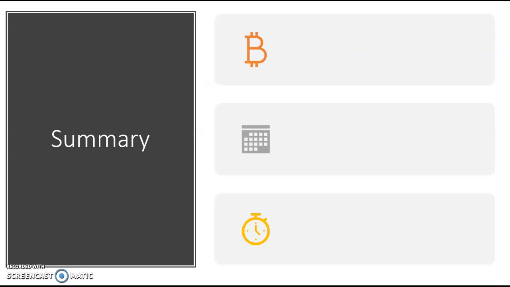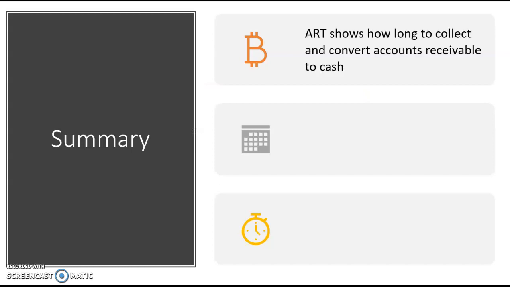So in summary, the accounts receivable turnover ratio shows us how long it takes the business to collect and convert its accounts receivable to cash. It can be expressed in either times per year or the number of days it takes to collect. The formula you're given in the HSC is the times per year, so that should be your default position, although for safety's sake, in a short answer, you should always express it both ways.